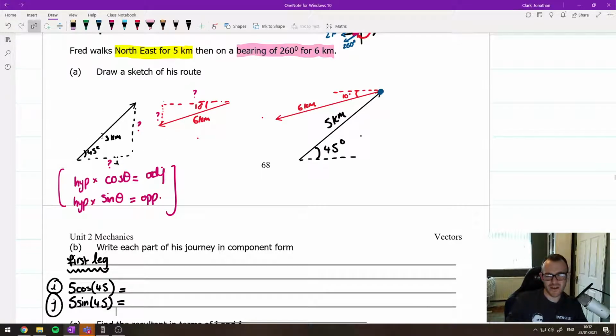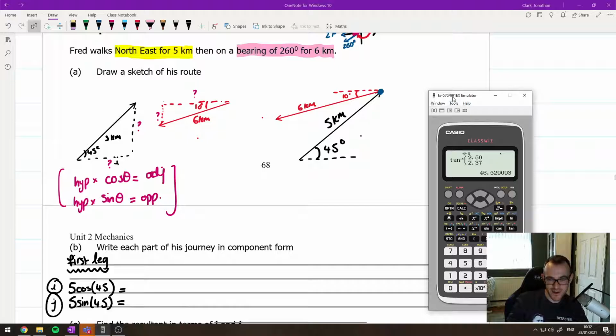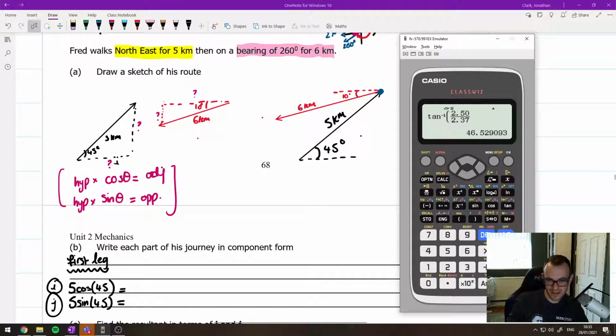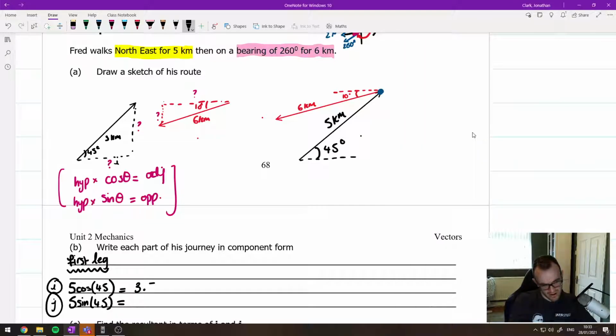I should keep in mind here, because it was at a perfect diagonal, it was northeasterly, these values should work out the same anyway. So let's type this in on the calculator. I've got 5 sine 45, which is 5 root 2 over 2. As an approximation, that is 3.54. So I'll go for the approximation here. So we'll go 3.54.